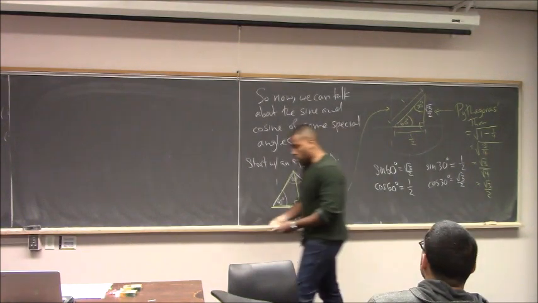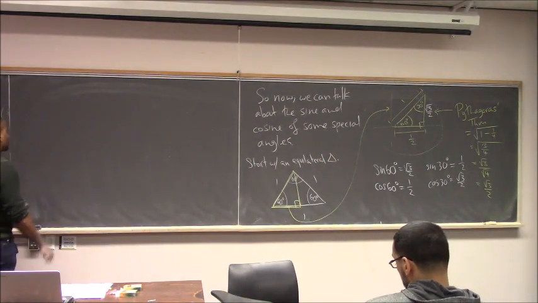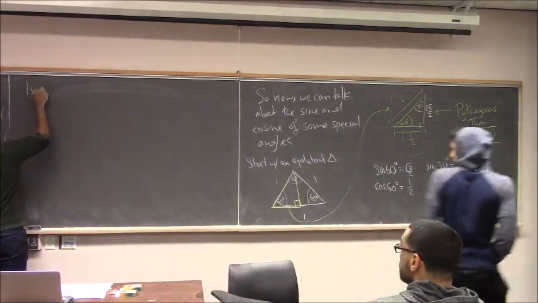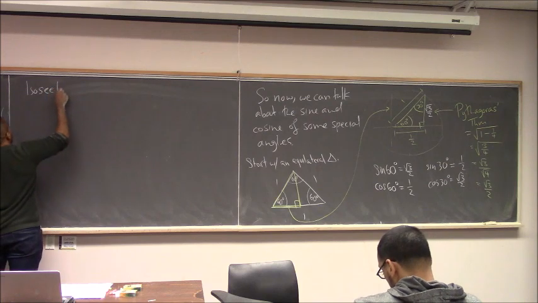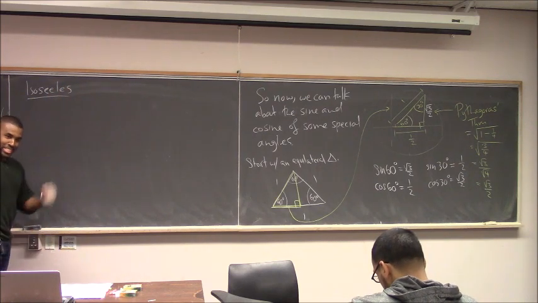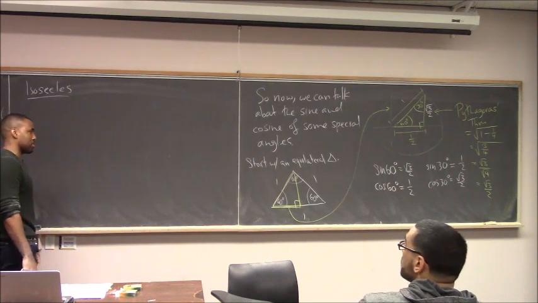We can actually figure out more by looking at another right triangle. This one is not an equilateral triangle. We can use an isosceles triangle. I can never remember how to spell isosceles.